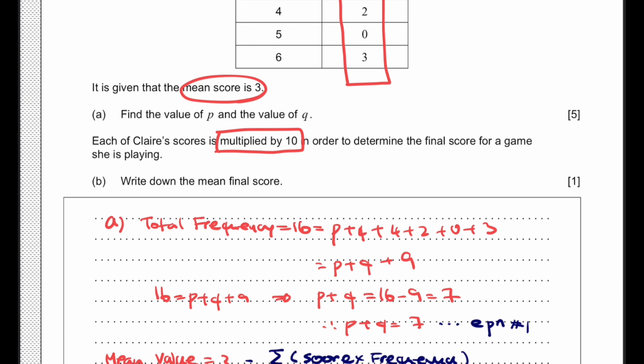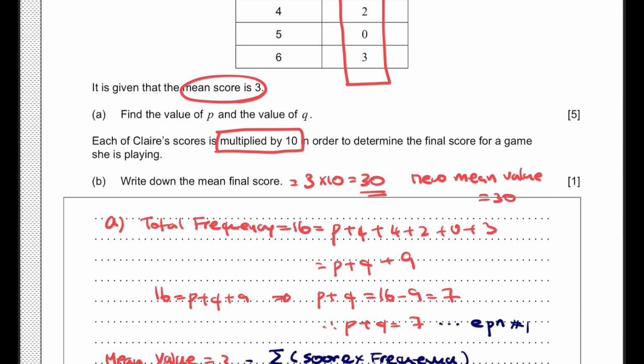However, we don't have to do that. Since we are multiplying every single score by 10, we just have to multiply the original mean score by 10. Then we get our new mean value, which is 30.